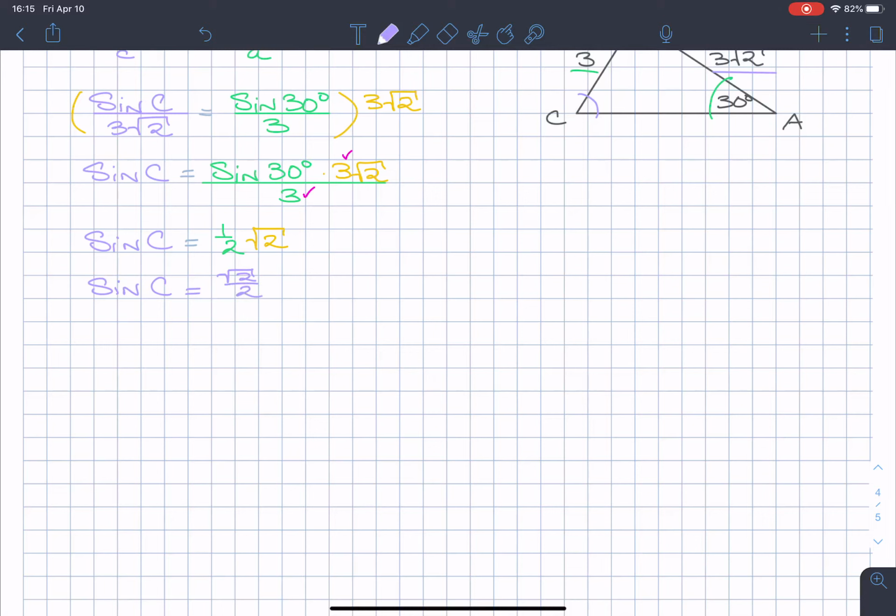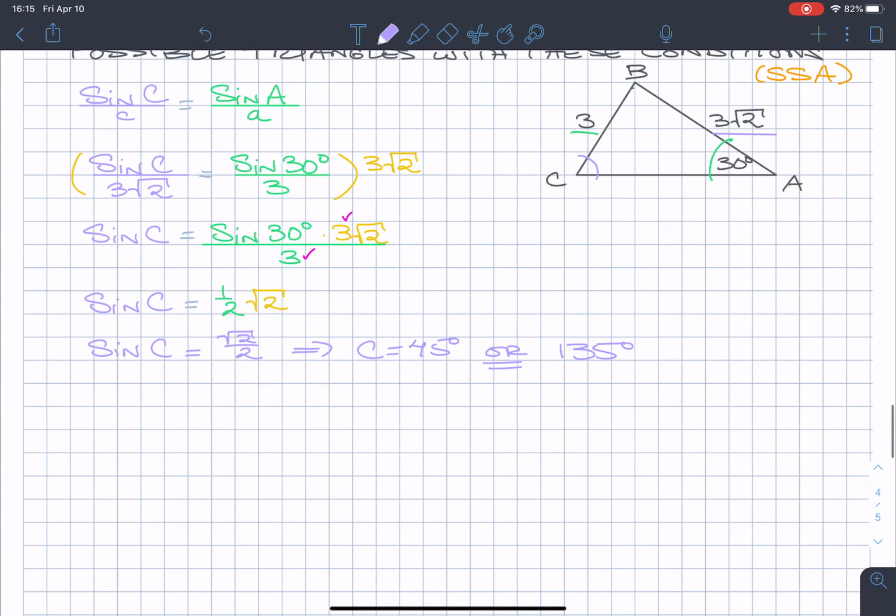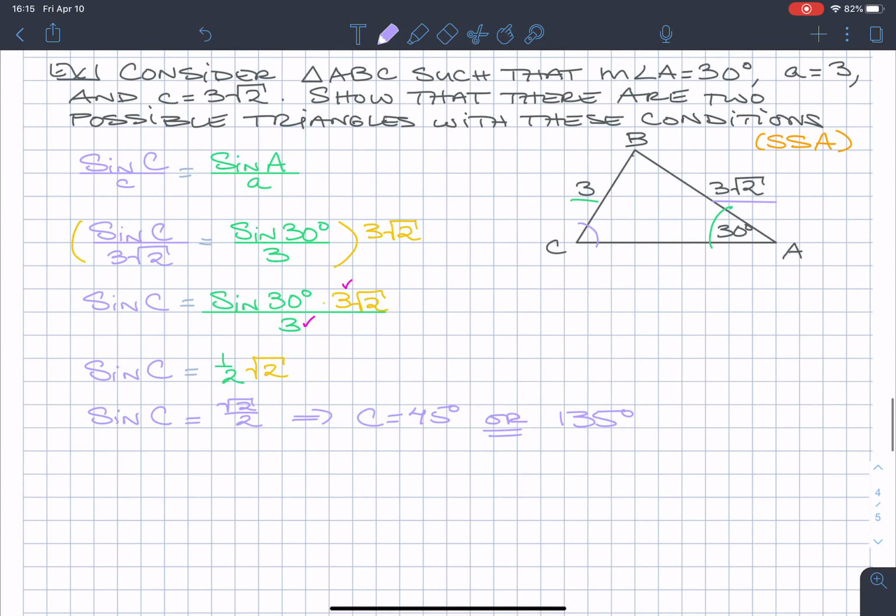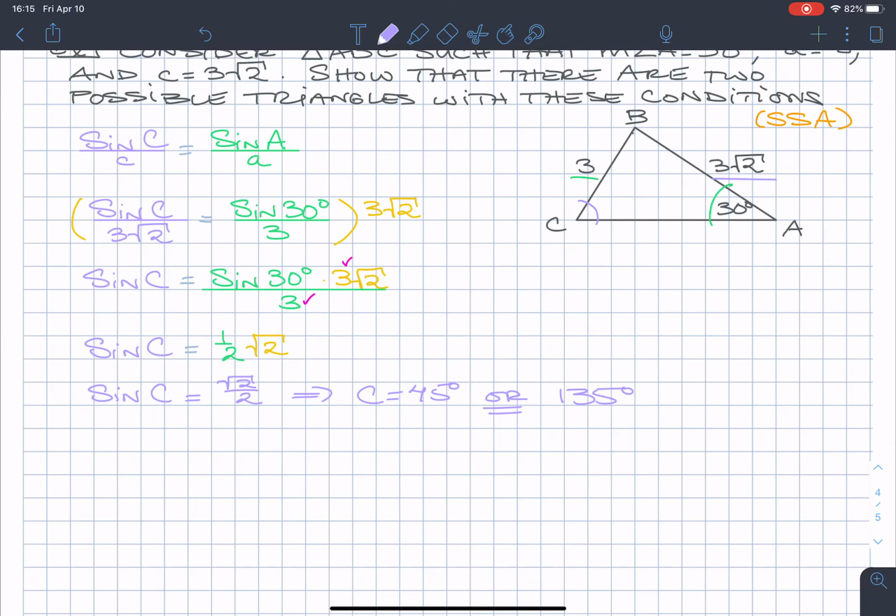So that means that angle C is 45 degrees, or 135 degrees, right? Could be in quadrant 2. So there are two possibilities as of now.